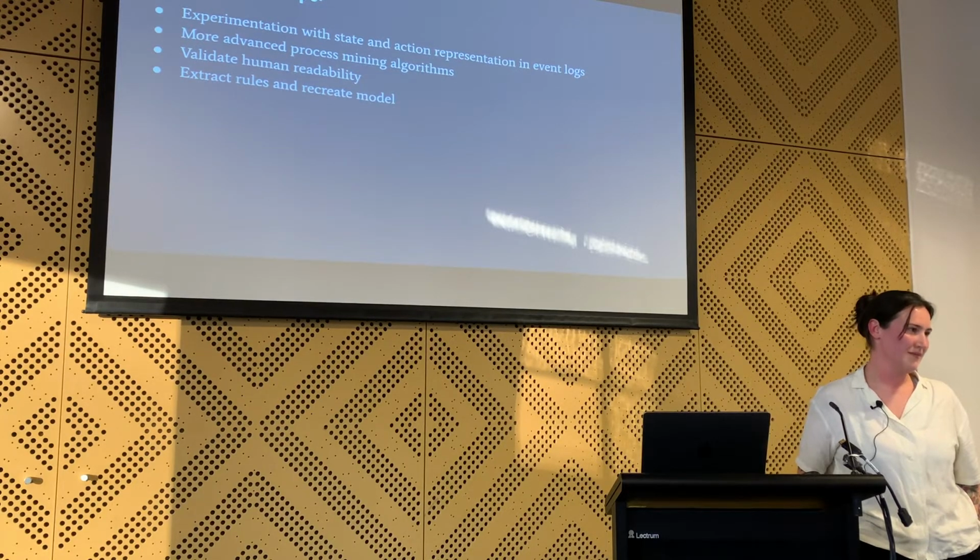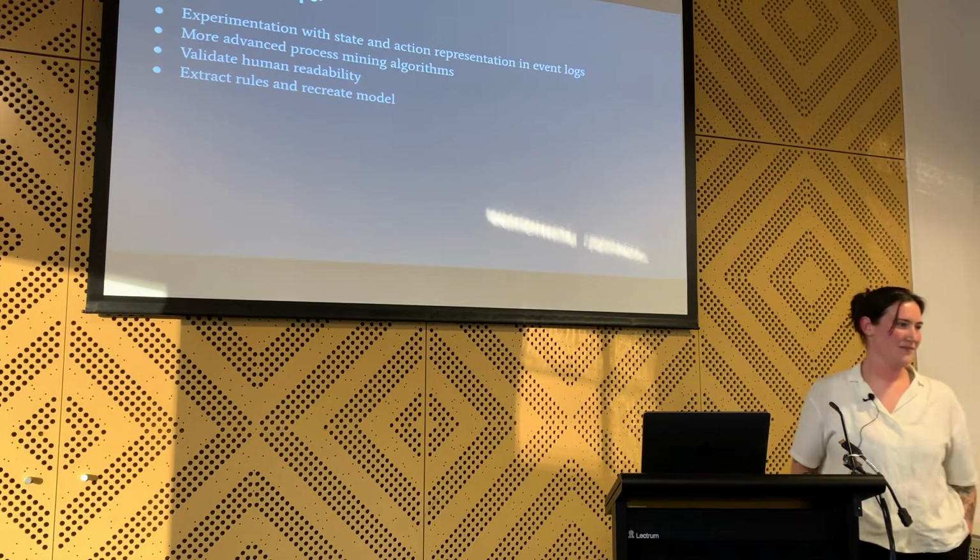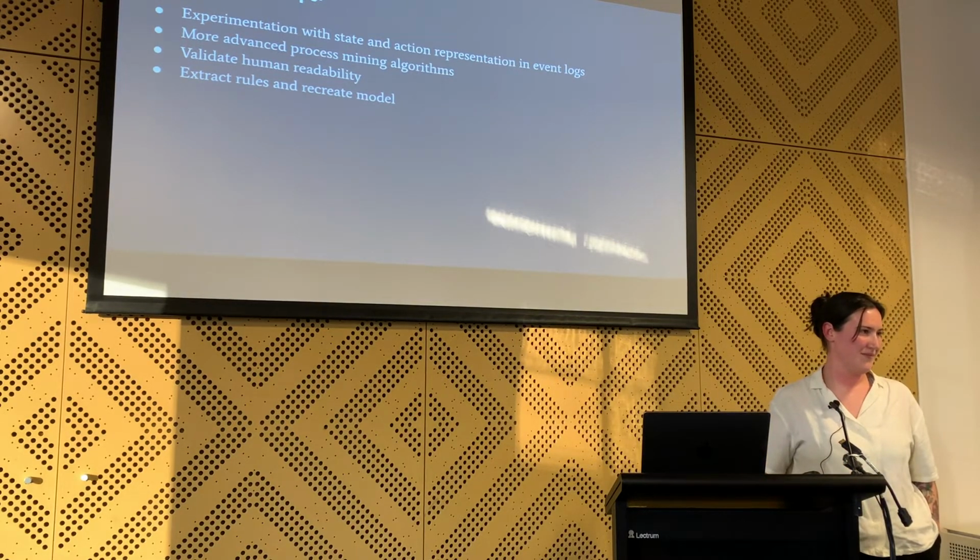If we have the best process extraction, it would probably perform the same as the model that was extracted from, because it's so extensive. Yeah, that's a challenge that's overcome here.